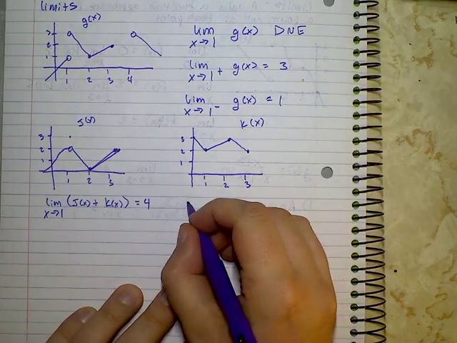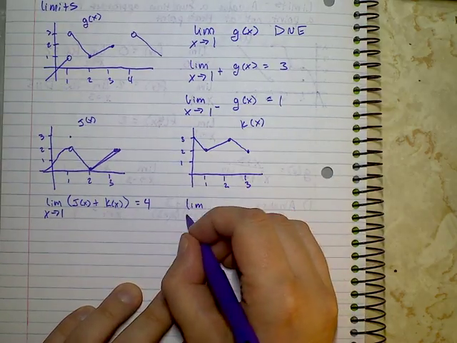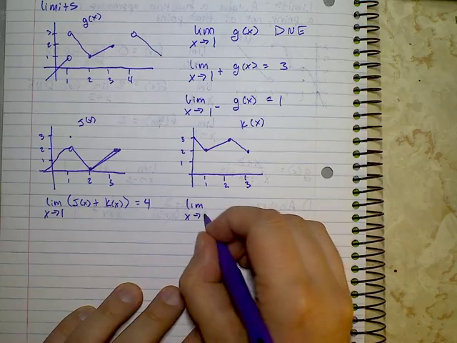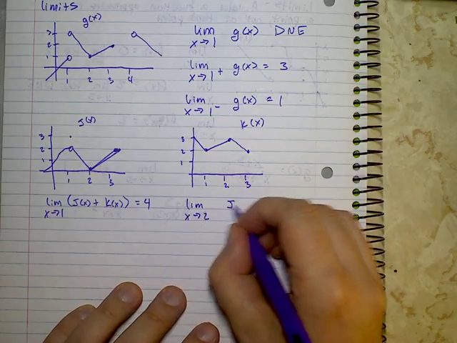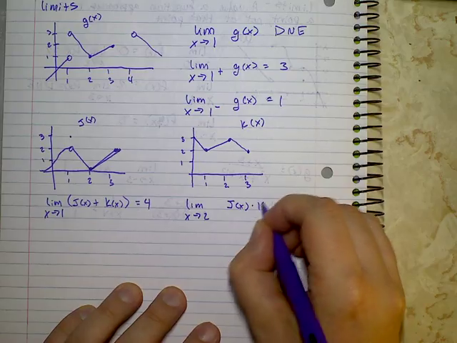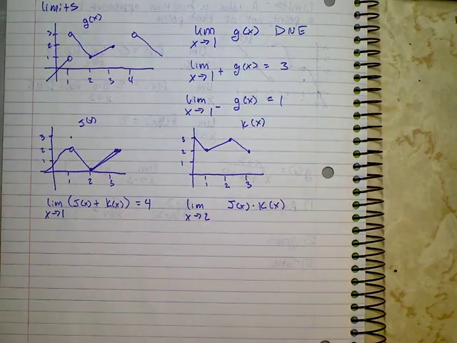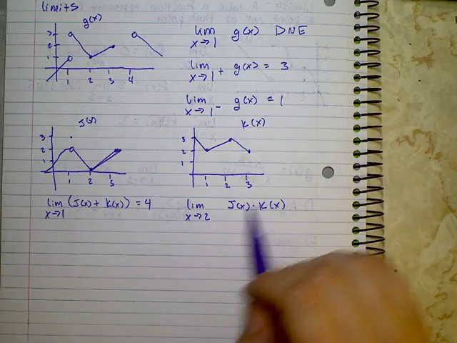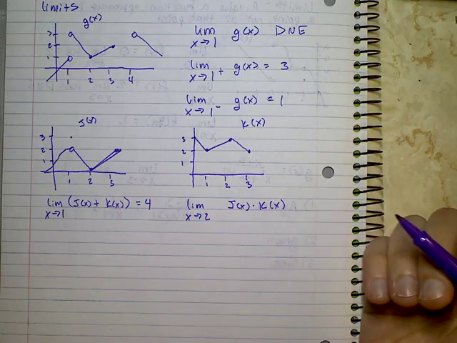Let's take a look at the limit as x approaches 2 of j of x times k of x. Wait until I have you compose the two functions. Plug it into each other.